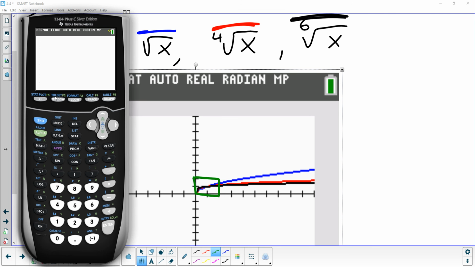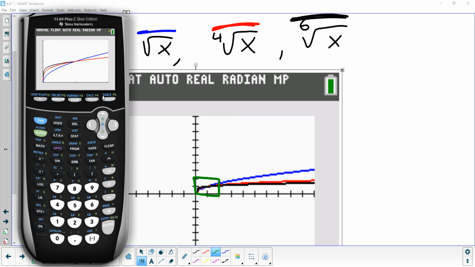So let's go 0 to 2 on both. 0 to 2 and 0 to 2. So there's your square root. There's your 4th root. And here's your 6th root.